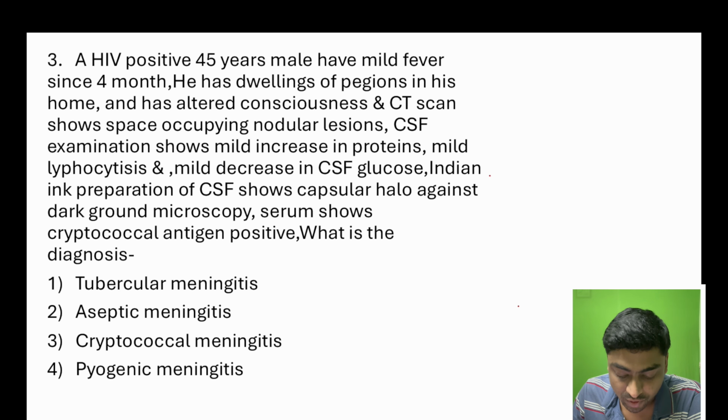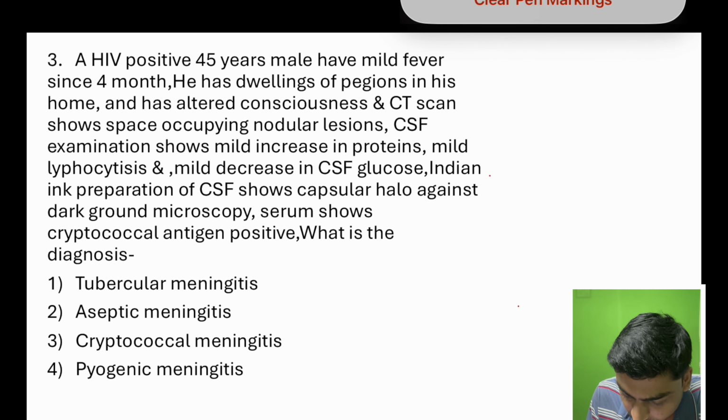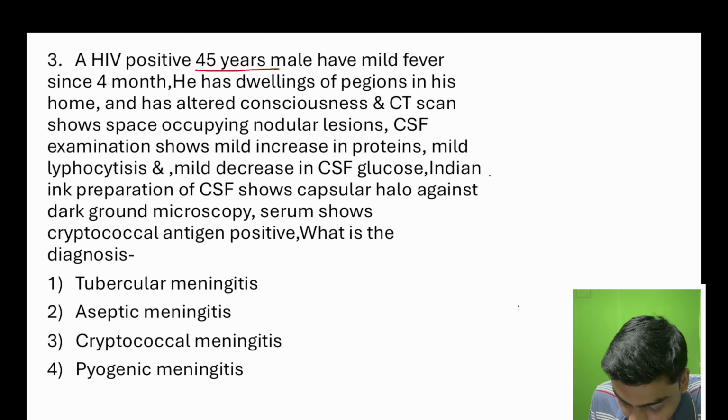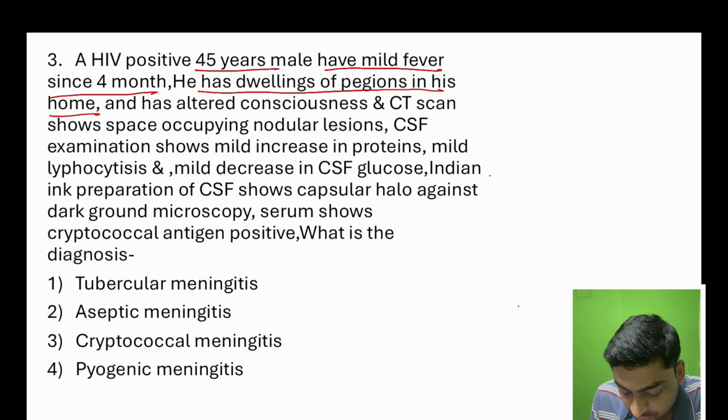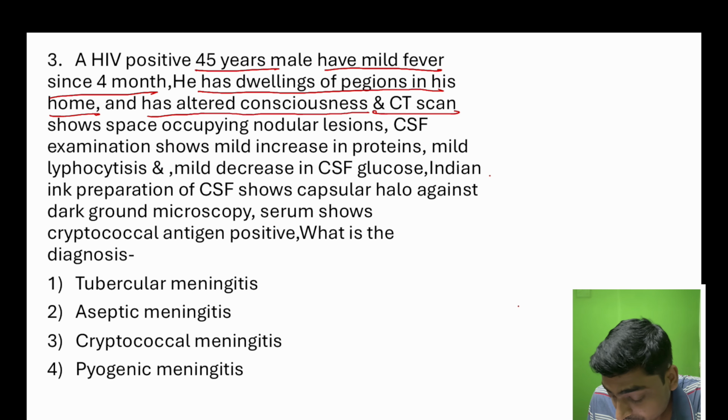So now let's move to question number 3. A HIV positive patient, a 45-year-old male, has mild fever since 4 months, and he has droppings of pigeon in his home and has altered consciousness, and the CT scan shows space occupying nodular lesions.